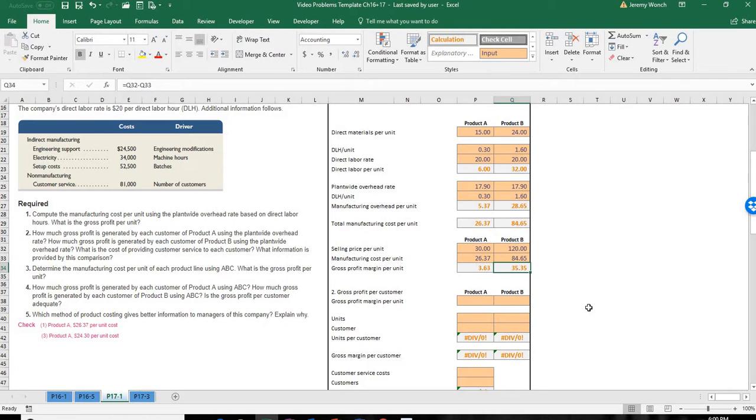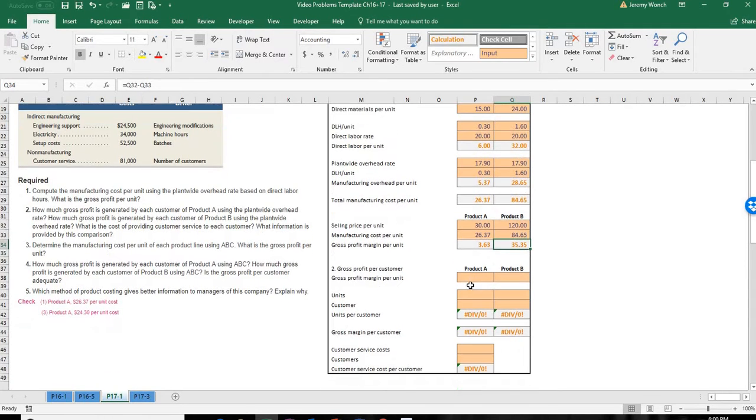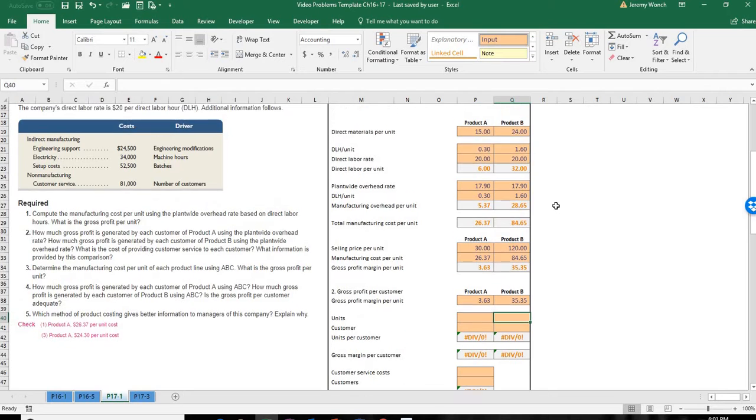Alright, so now it wants us to do the same thing, except we want to figure out the gross profit per customer. So if we take the gross profit per unit for each one of these and figure out how many units.